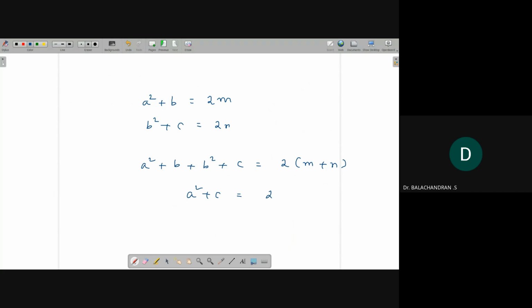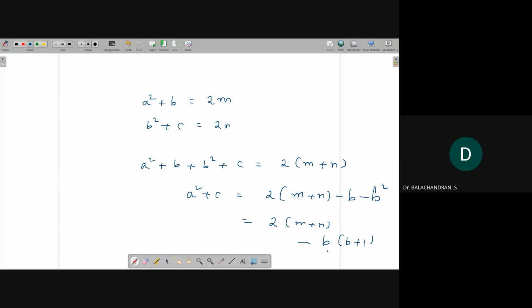The right side is 2 into m plus n, minus b square. Then this is 2 into m plus n, minus, if you take b common, b into b plus 1.